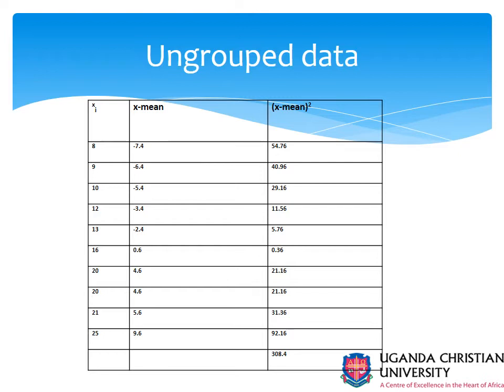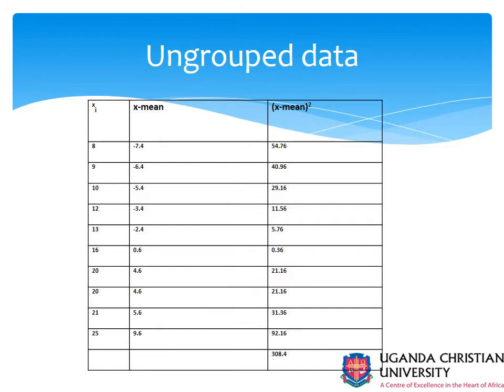If we are to compute the mean deviation of ungrouped data, we would only need these 2 columns, the first and the second. We would compute the absolute sum of all these deviations, regardless of the sign before them, and then divide by the number of observations.